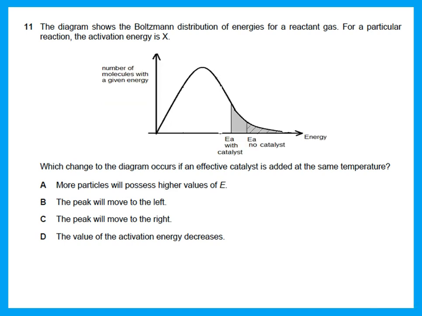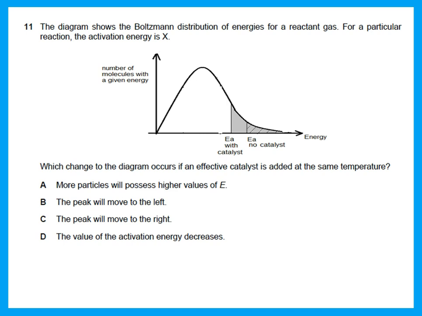You should realize that when we add a catalyst, the activation energy will be a lower value. So instead of having the activation energy with no catalyst at a high energy, now the activation energy is lower, and that means I will have more molecules that have energy higher than activation energy. It is not that more particles will possess higher values of energy.